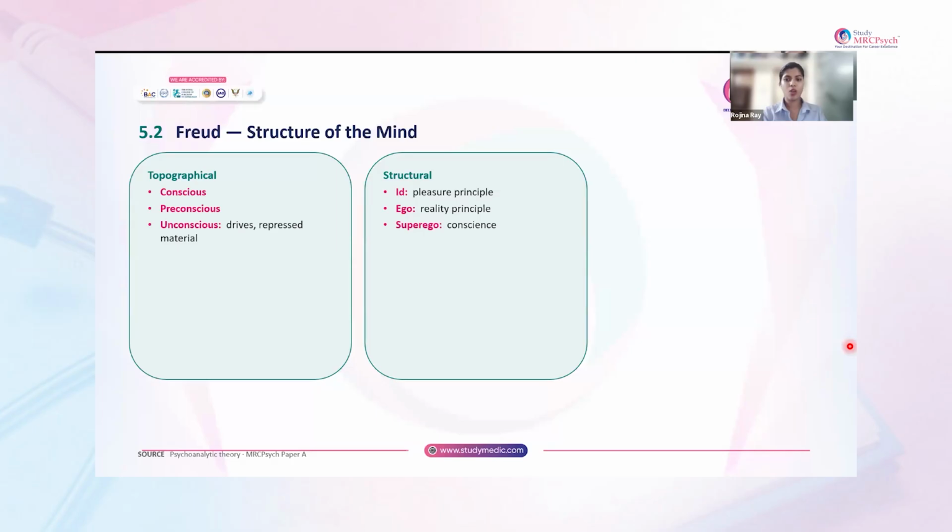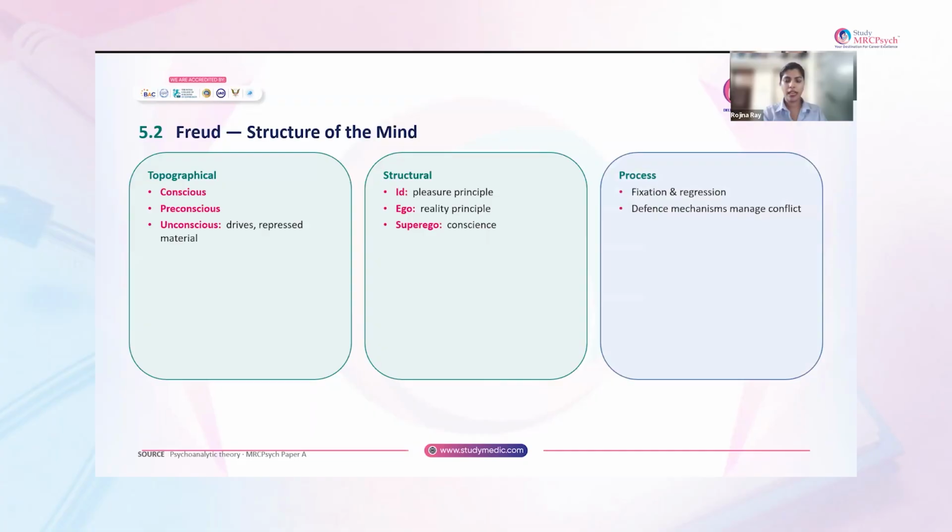Then there is superego, which represents our conscience and moral values, guiding behavior according to the societal rules. So when there is conflict between id and superego, there is anxiety, and ego reduces this anxiety using defense mechanisms which operate mainly unconsciously.